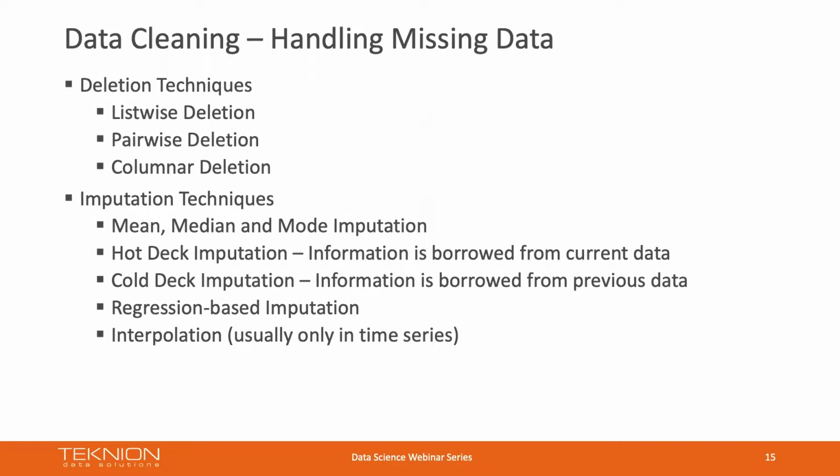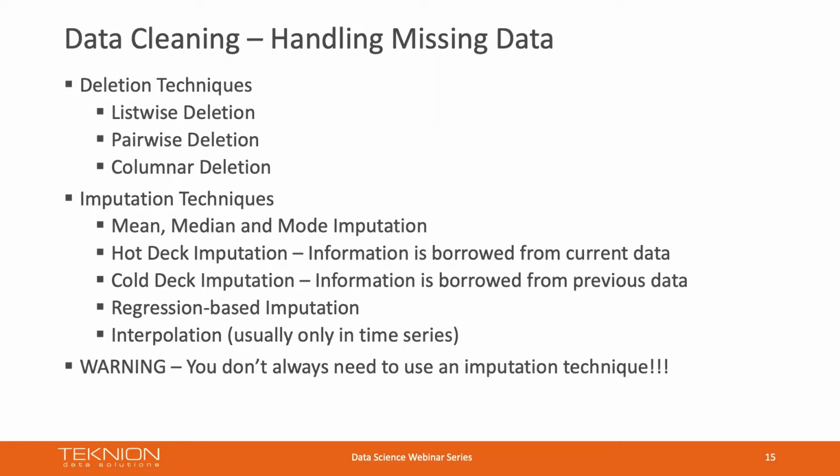Okay, so here's the one caution: it's not your data anymore. When you handle missing data and use these imputation techniques, that's not your actual data, so we proceed with caution here. And the warning is you don't always need to use an imputation technique. Why is this important? Let's suppose I'm wanting to do an analytic method that uses some sort of empirical Bayes estimation.